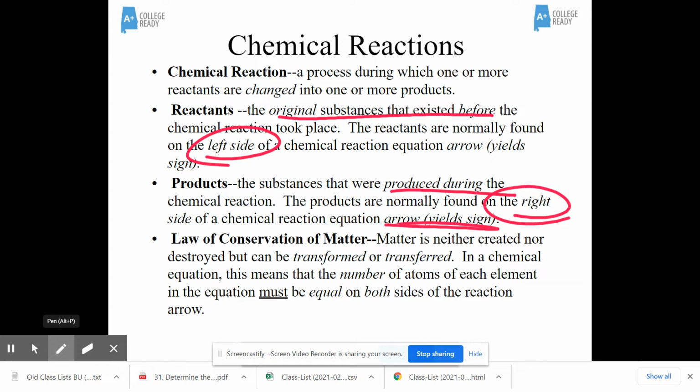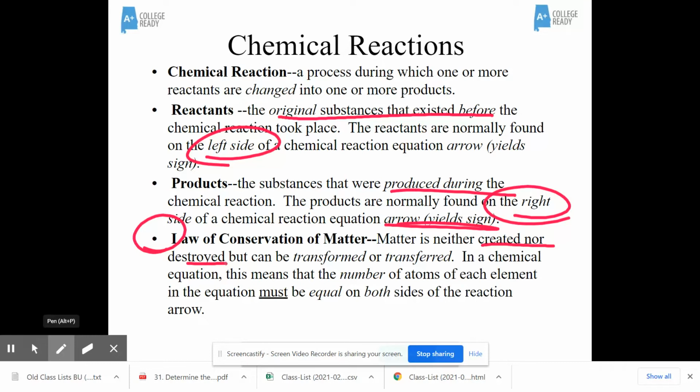You could equate the arrow in a chemical equation to the equal sign in a math equation. 1 plus 1 equals 2. Reactants plus reactants equals this product. And we write an arrow. The law of conservation of mass, which you probably learned way back in 8th grade physical science, says that you cannot create or destroy matter.